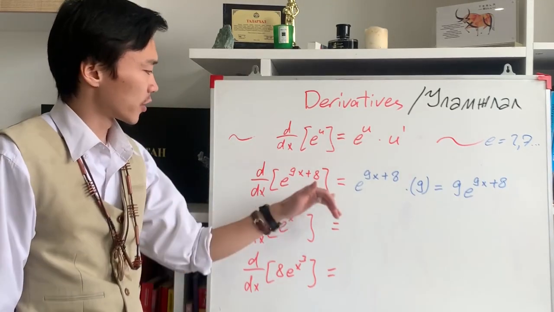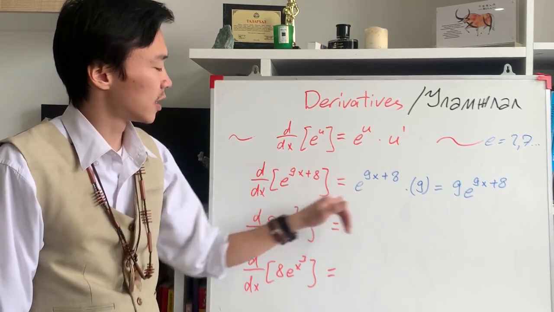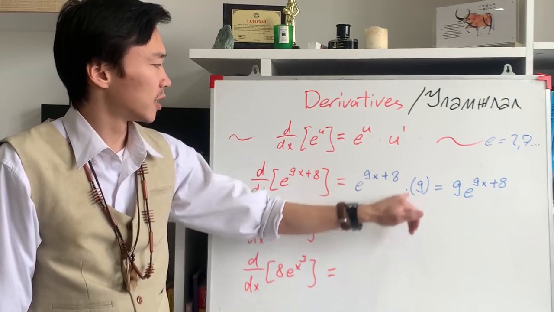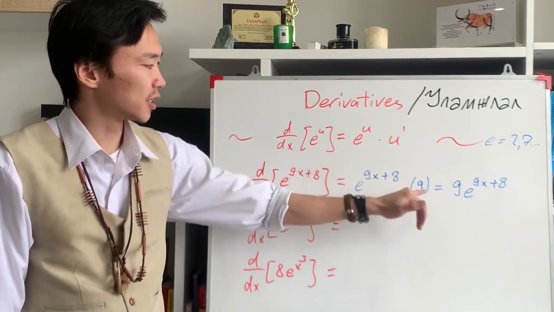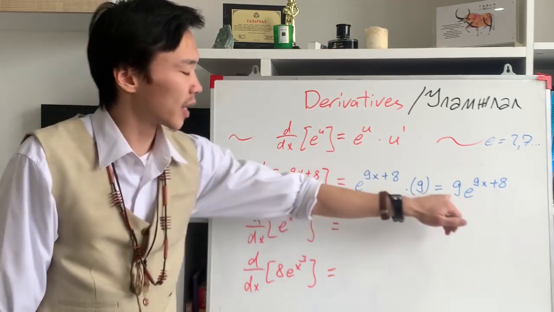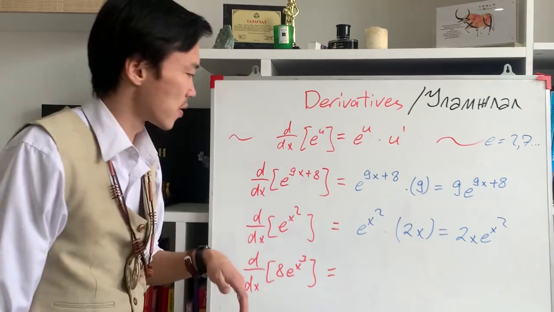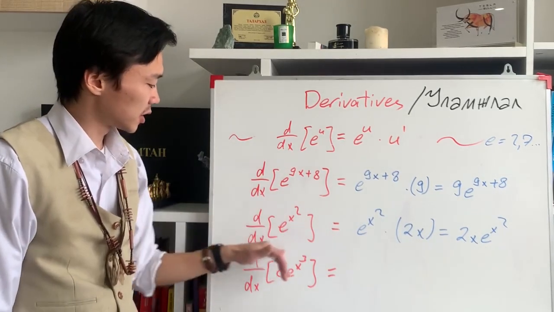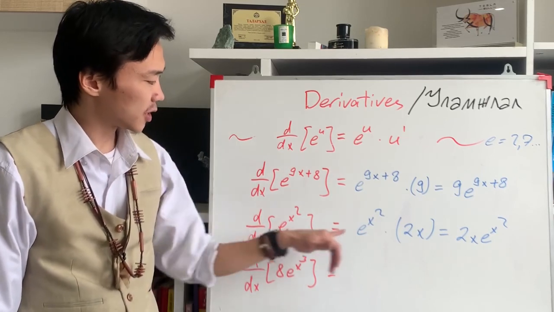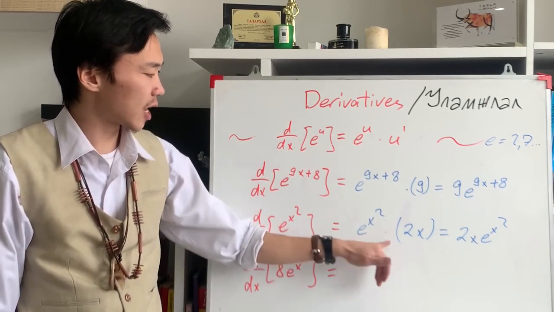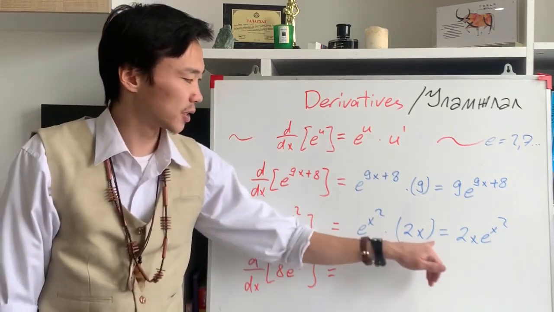So for the first one, it's gonna be the same thing, and then times the derivative of 9x plus 8, which is 9. So it's gonna be 9e raised to the 9x plus 8. Okay, for the second example, it's gonna be the same thing, and then times the derivative of x squared, which is 2x.